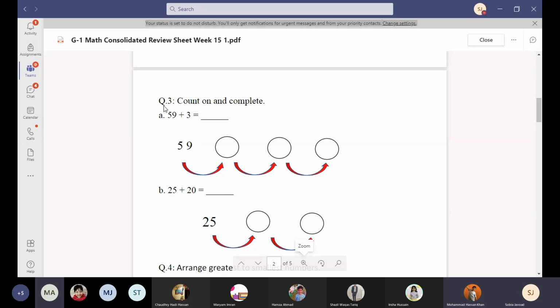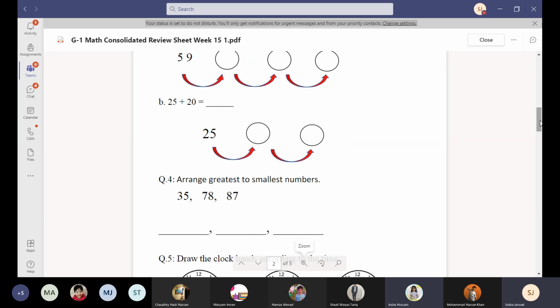Otherwise, count on the next number. This is the addition sign. In addition, we add the things. Count more. In subtraction, when you have a subtraction sign, then you count back. So 59 plus 3 will be 60, 61 and 62. Yes. 59 plus 3 is 62.